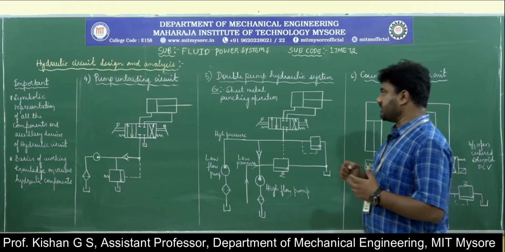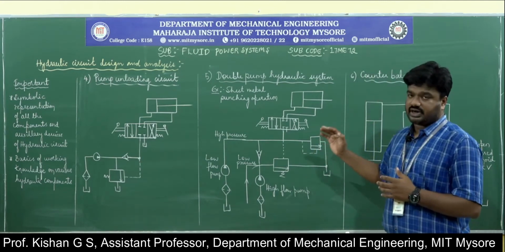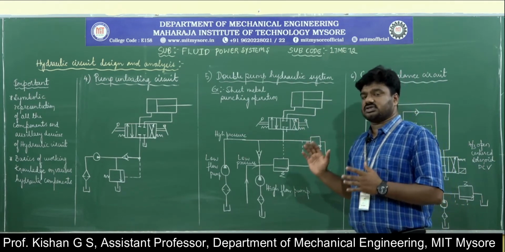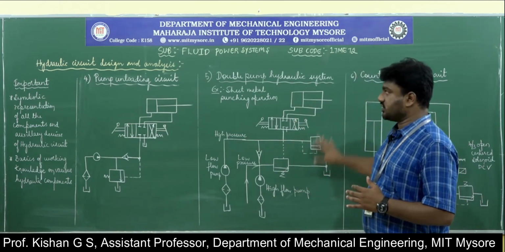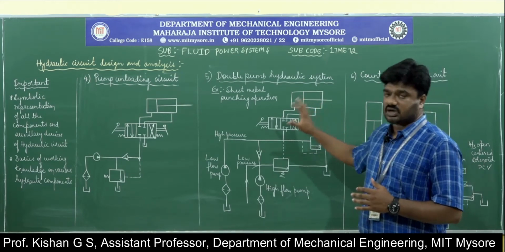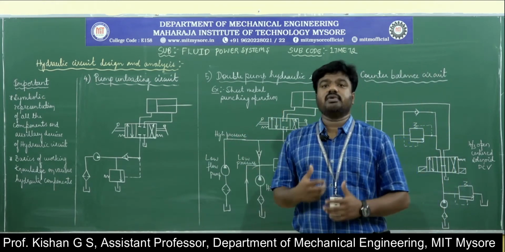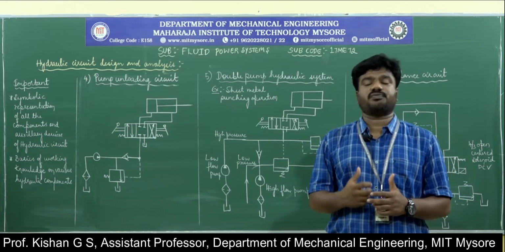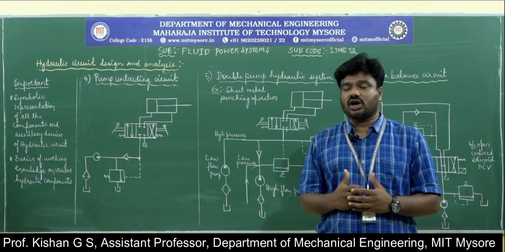So we again concentrate on both extension and retraction. The major application of this double pump hydraulic system is to eliminate the requirement of highly expensive high pressure pumps for the punching operations.